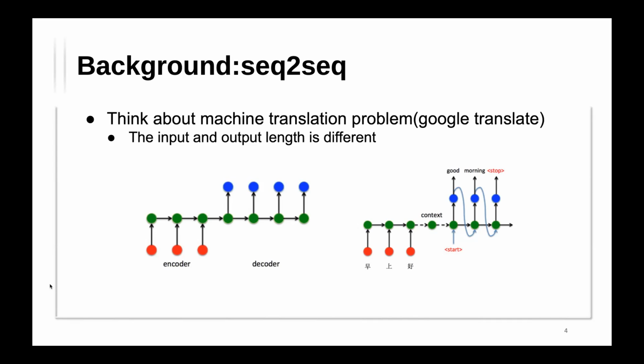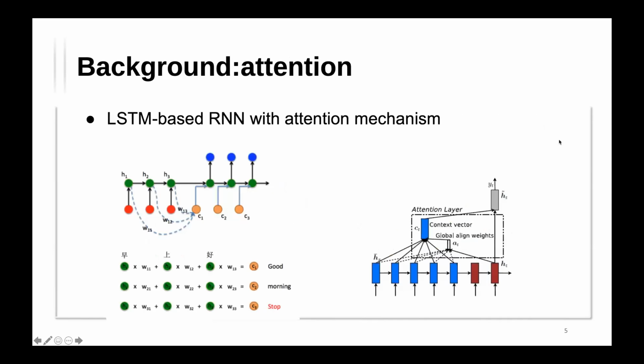The problem with this sequence to sequence structure is that because the context vector is a fixed size vector, we usually don't know if it can contain the information that is needed. So now a more popular structure is to combine a mechanism called attention mechanism.